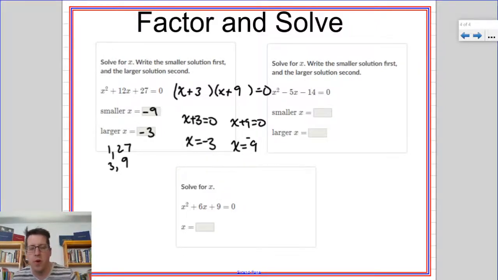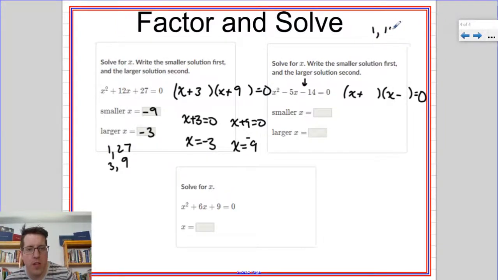Okay, hopefully you paused, you tried it, and then you came back. Remember, if you see a negative here, that's a sign that you have x plus something and x minus something, because you want the lasts to multiply to make a negative number. Well, what things multiply to make 14?